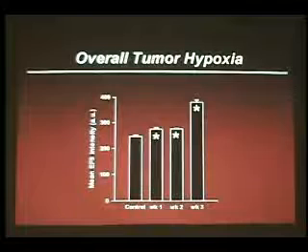Now with ours, again, we're starting with the EF5, a fluorescent image like this, and the simplest way to do it is just to look at the mean hypoxia. If you just want to know if there are huge gross differences in hypoxia between different treatment groups, you can just measure the overall intensity. And this is the kind of thing you get.